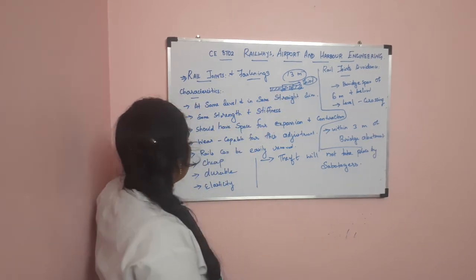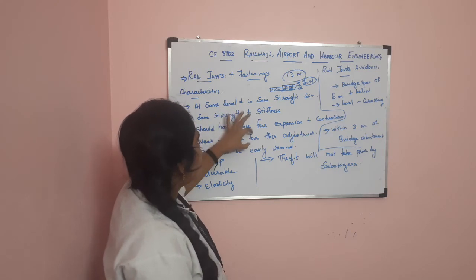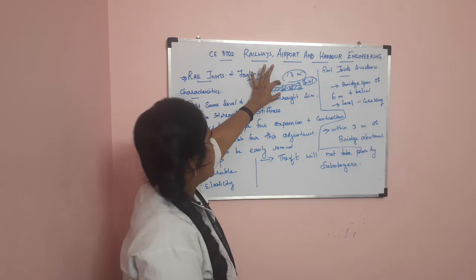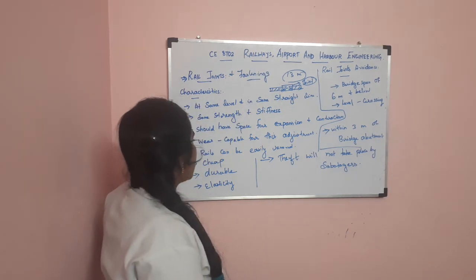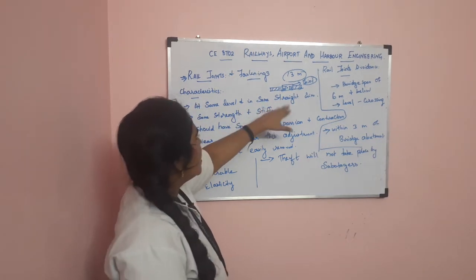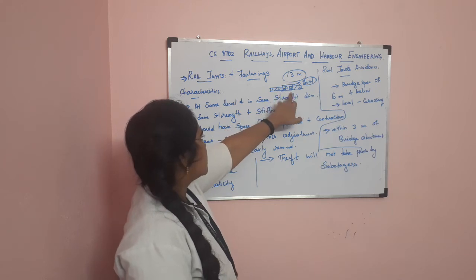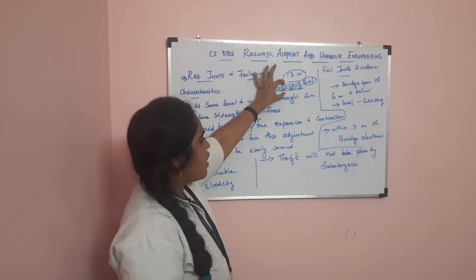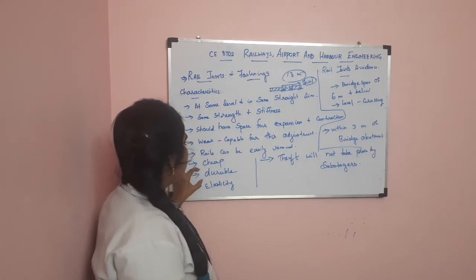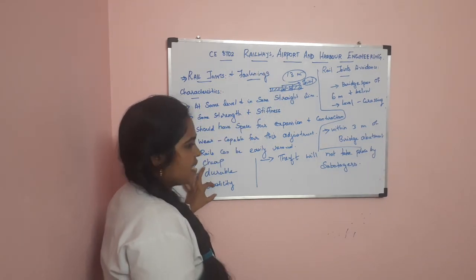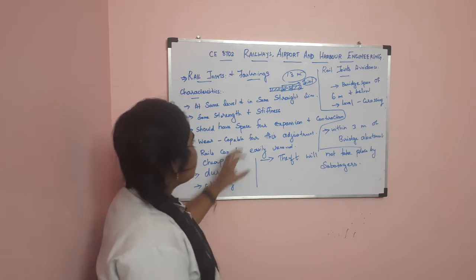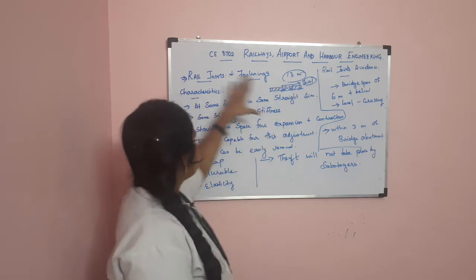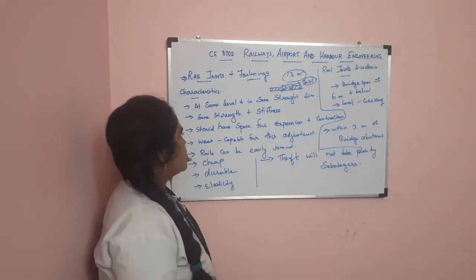So we have to provide an adjustment for this wear. Next, the rails can be easily removed while doing repair works. Next, the joints we provide should be cheap, durable and elastic, and theft should not take place. These are the characteristics of rail joints.